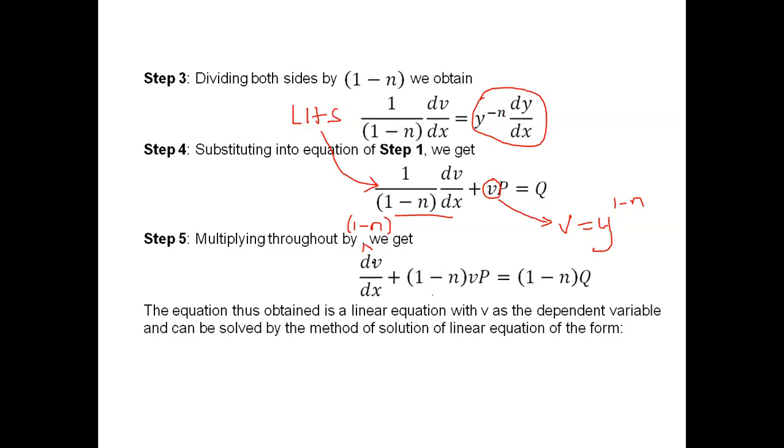So we have v here and v here. These are the dependent variables, and from this we can tell that it actually takes the form of a linear differential equation, dy over dx plus Py is equal to Q. This is the standard format of a linear differential equation.